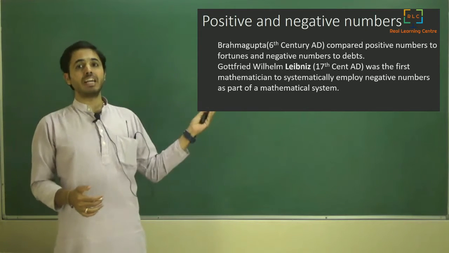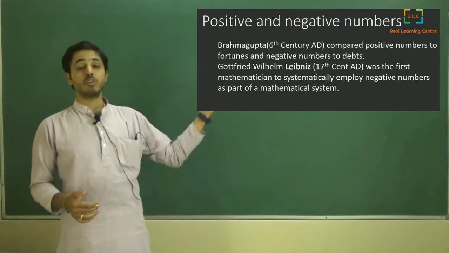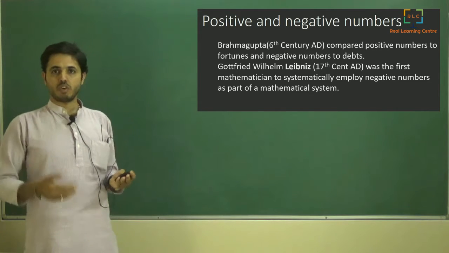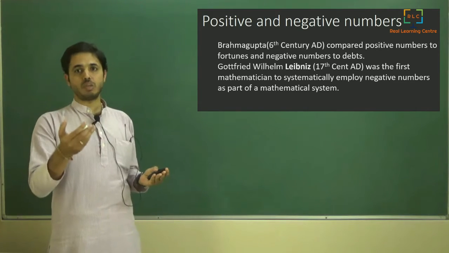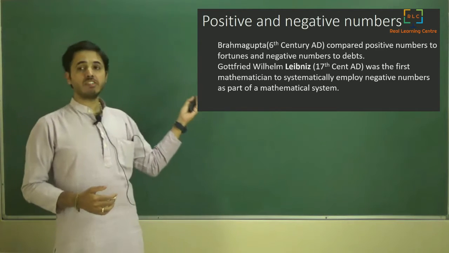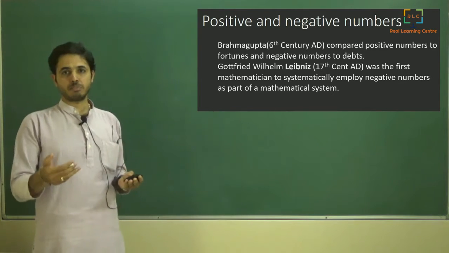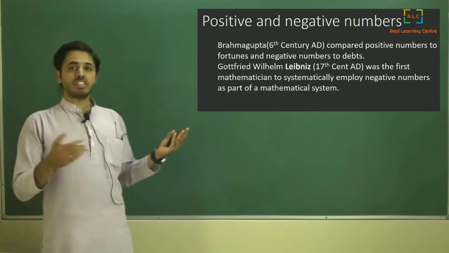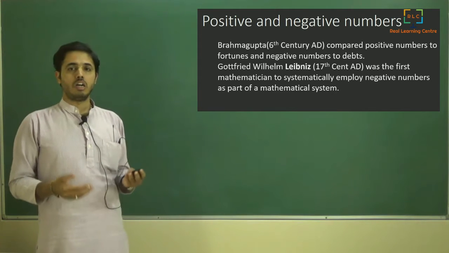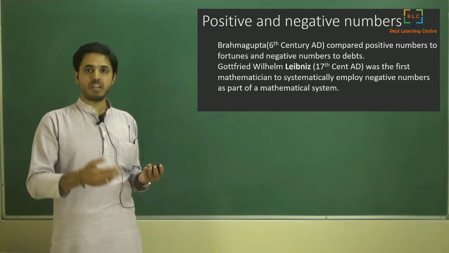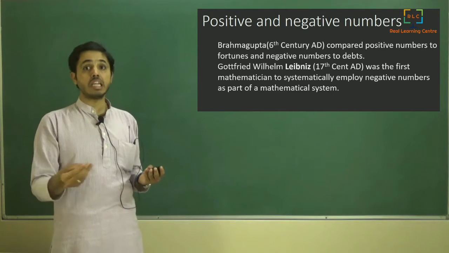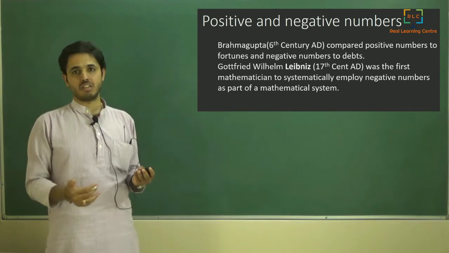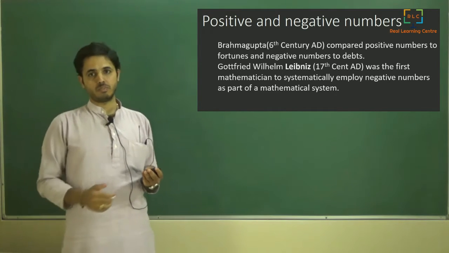He compared positive numbers or positive integers to fortunes. Fortune means what increases the value or the worth, and he compared negative numbers to debts. Again, debts means what decreases the value, or a loss in that sense. And in the Western circles, though when they performed various operations and equations, they used to get negative numbers, they were considering them as having no sense, or absurd entities.